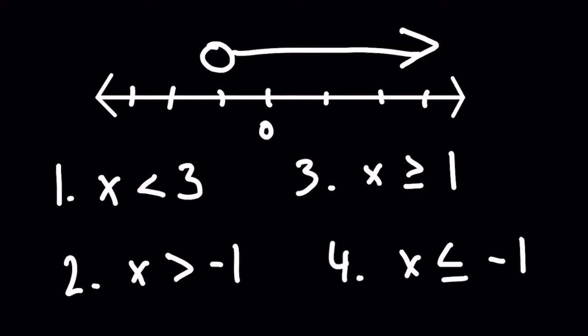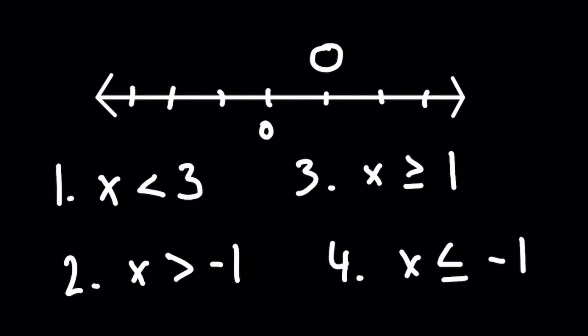Now for number 3, I have x is greater than or equal to 1. So again, 1 is that number that I was given, so I'm going to go over here and draw my circle. But since it includes 1, it's greater than and equal to, that line underneath symbolizes the equal to part of it. I'm going to fill in the circle to include the 1. Now greater than or equal to 1, so I'm going to go greater than, so that's 2 and 3.